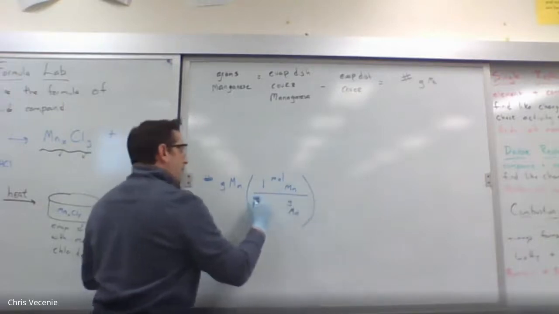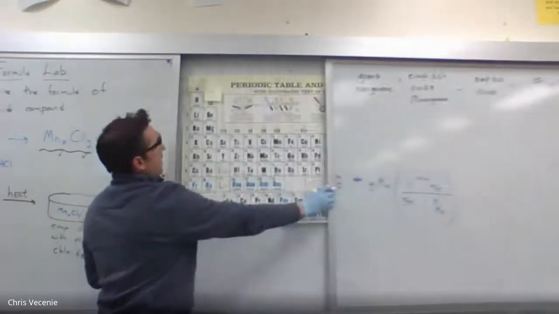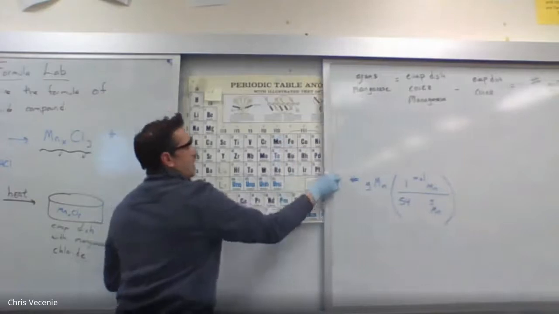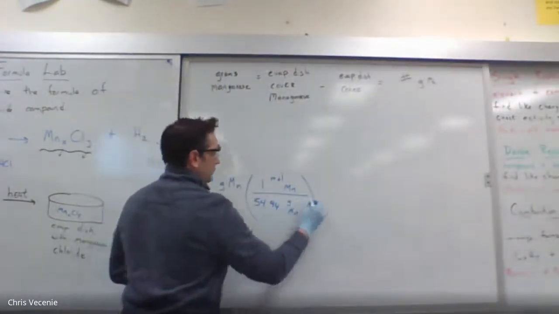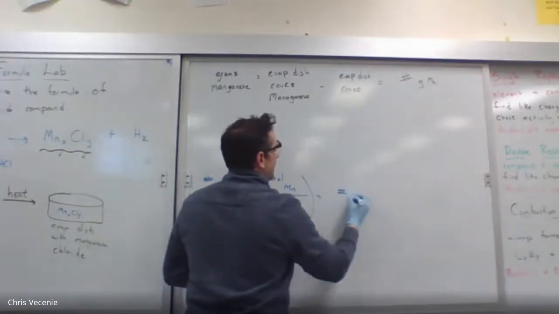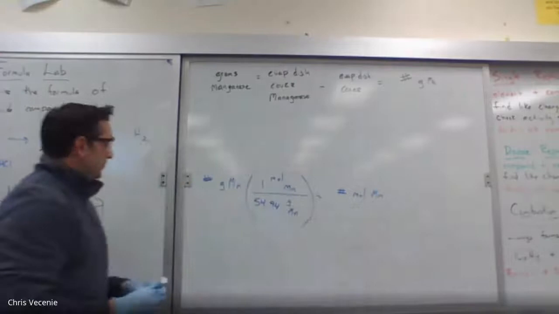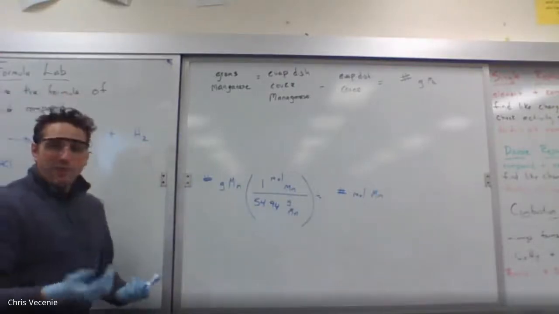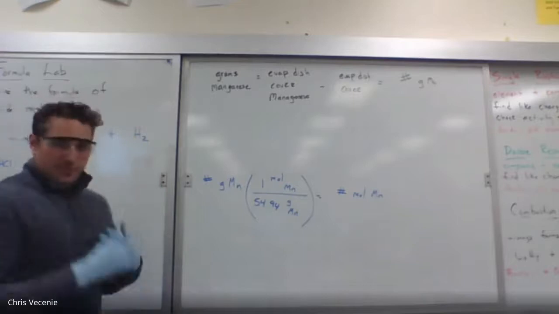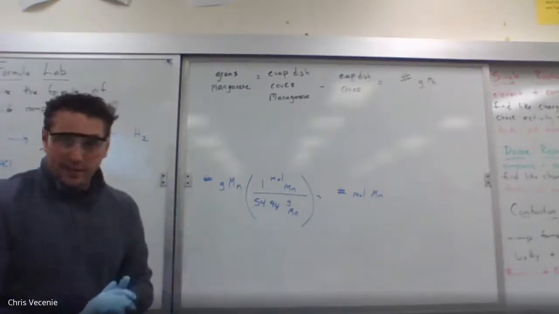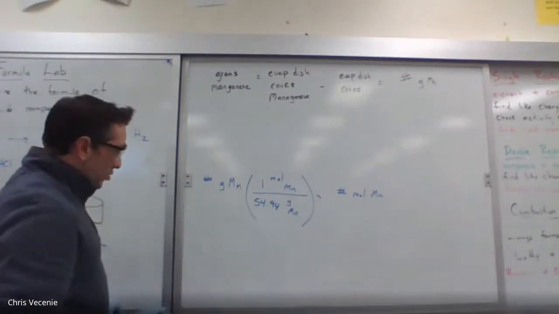And you pull that number from the periodic table, which if you take a look, manganese is 54.90. So now you've got some number for your moles of Mn. So you are halfway to getting your empirical formula in the first 3 minutes of us being into the lab. The second half is a little bit trickier.